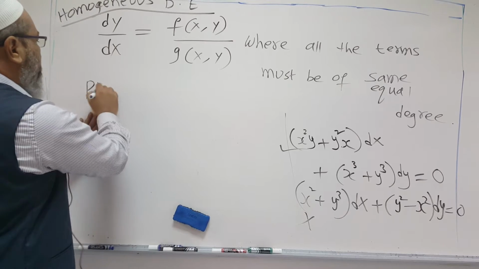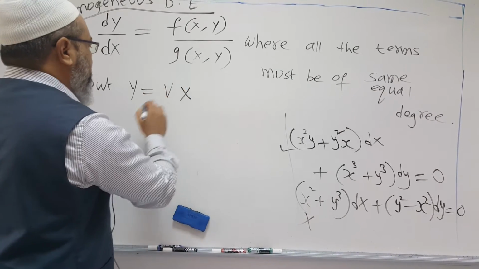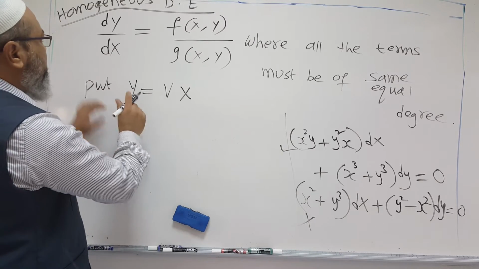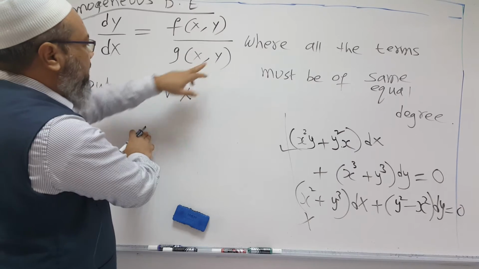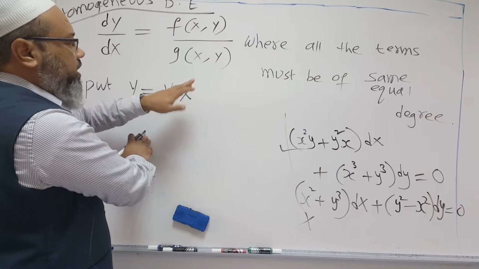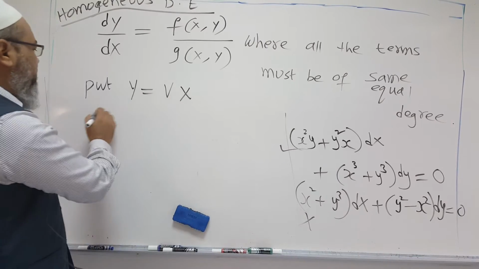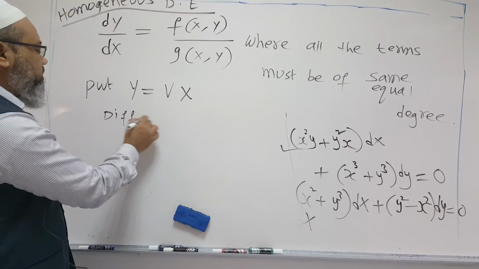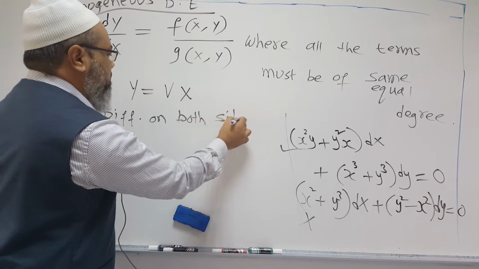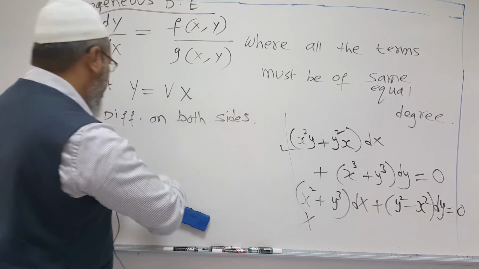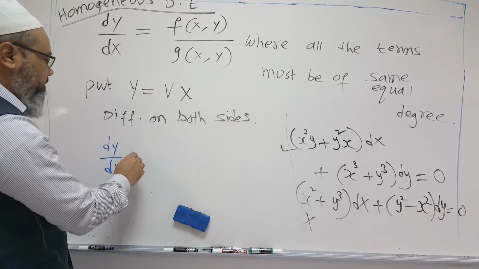The steps to find the solution are: put y equals Vx. Wherever y is there, we put that y as Vx. We replace y with Vx, and if we differentiate this on both sides with respect to x, what will we get? dy by dx.